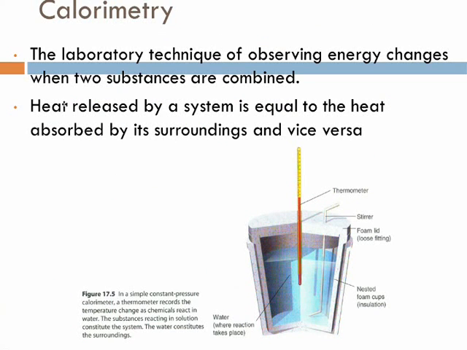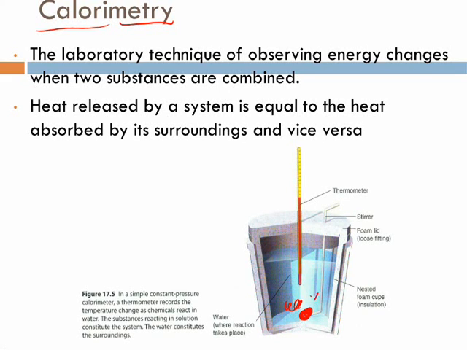Calorimetry is a technique that you can use to measure calories, or measure heat, with the concept that the energy changes when two substances are combined. Heat released by a system is equal to the heat absorbed by the surroundings. So if we have some water here, and some reaction going on, the system will release heat to the water.